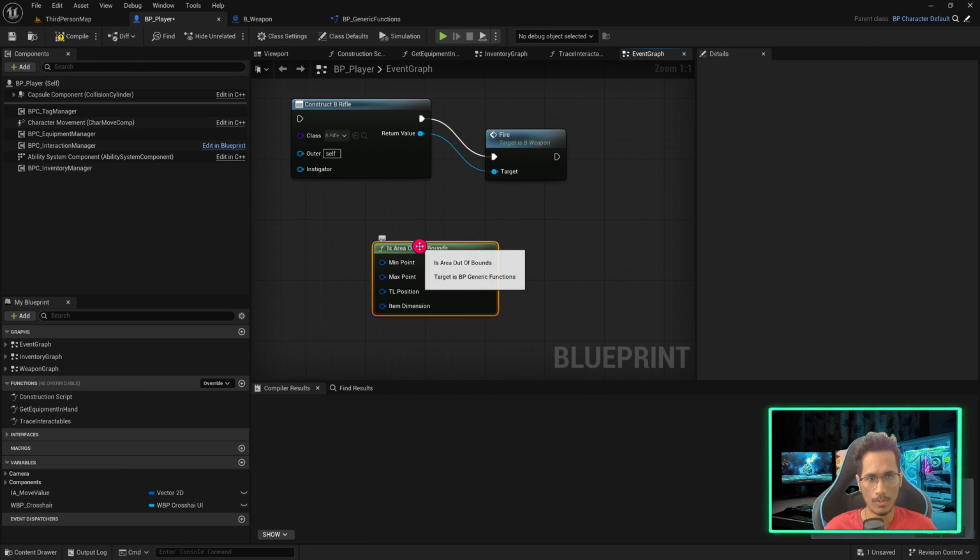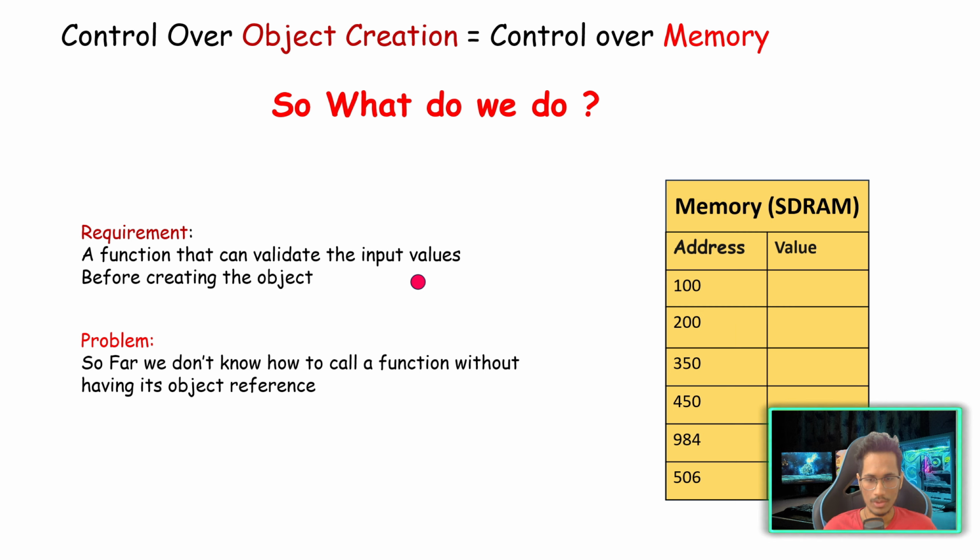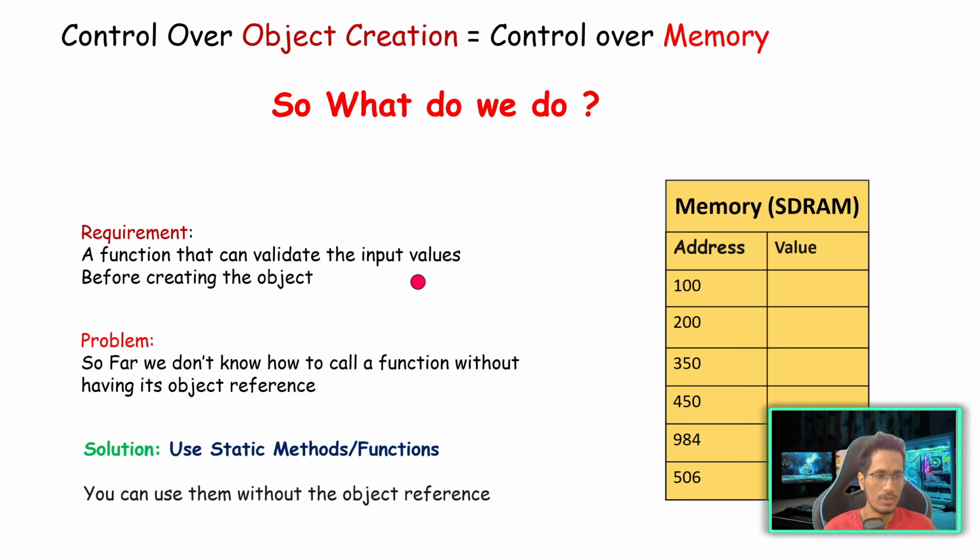No object is required. That's what we want to do. So the solution to this problem is using these static methods or functions. You can use them without the object reference. We create a function, we put our logic, and we mark that function as static. When you mark something as static, it will be available for you to call without having the object.